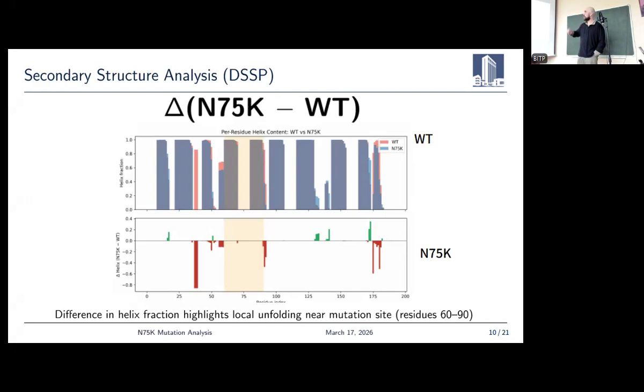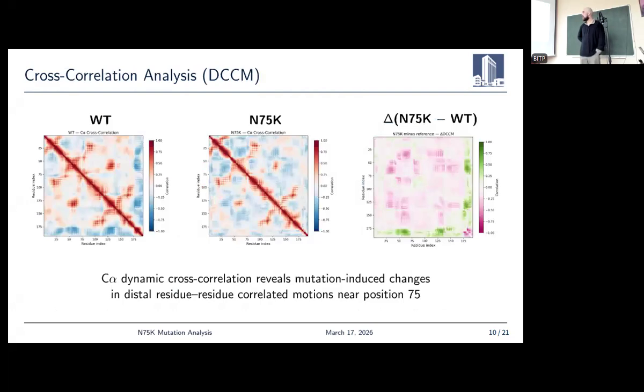So we have a large significant difference for DSSP in the region of the first EF hand, and in the second, a less pronounced one. The dynamic cross-correlation matrix shows that near the first EF hand, negative correlations are elevated for the mutant form.